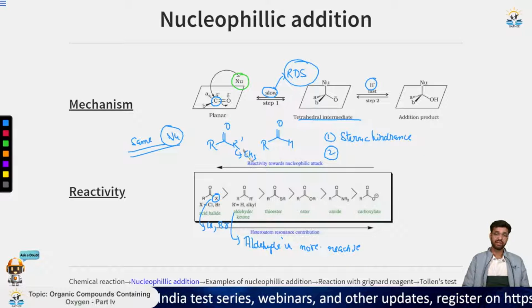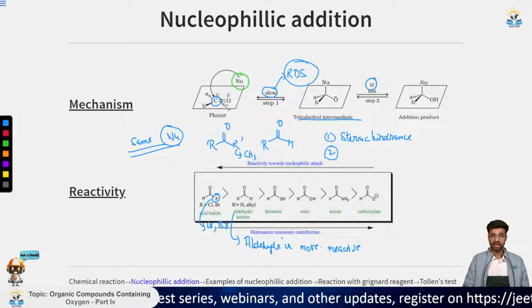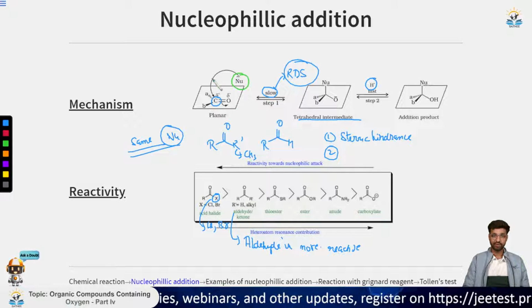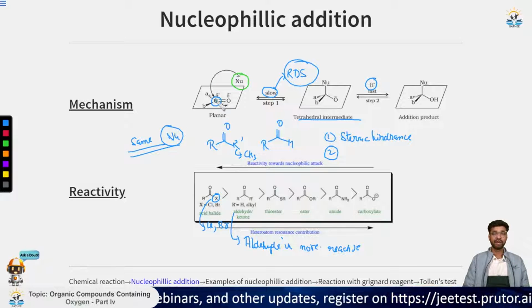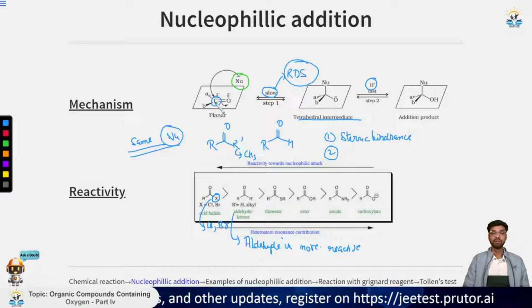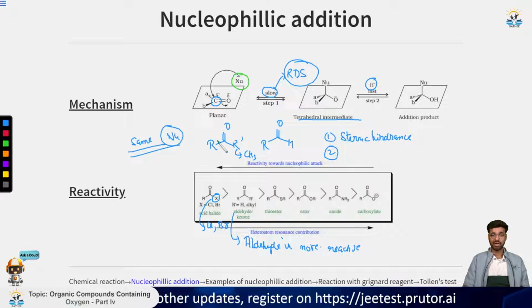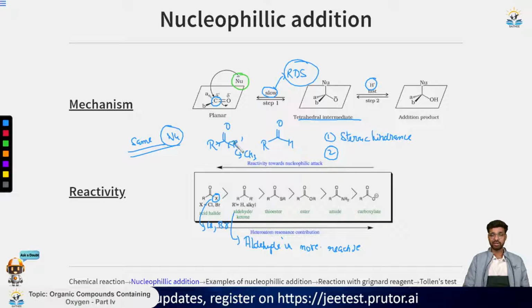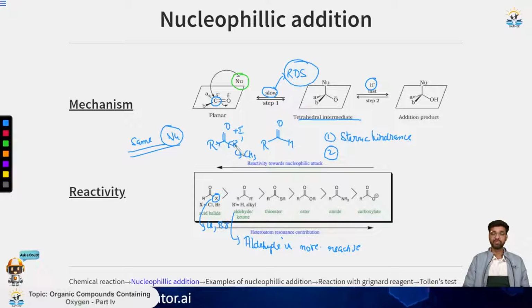And the second reason is that since we are having an attack of a negative charge on a positive one, it is a kind of electrostatic interaction. Since these two R groups are donating electron density through the plus I effect, they will reduce the delta positive charge on the carbon. While in the aldehyde we have only one alkyl group.